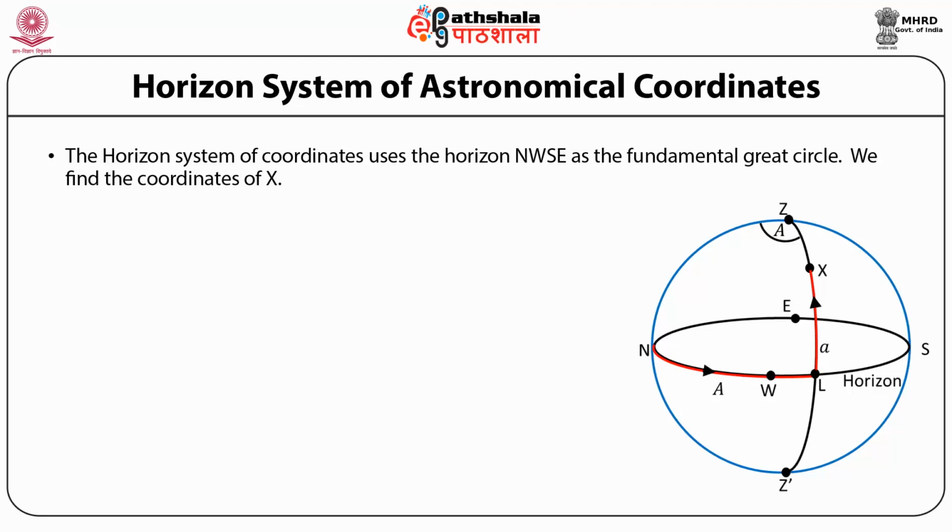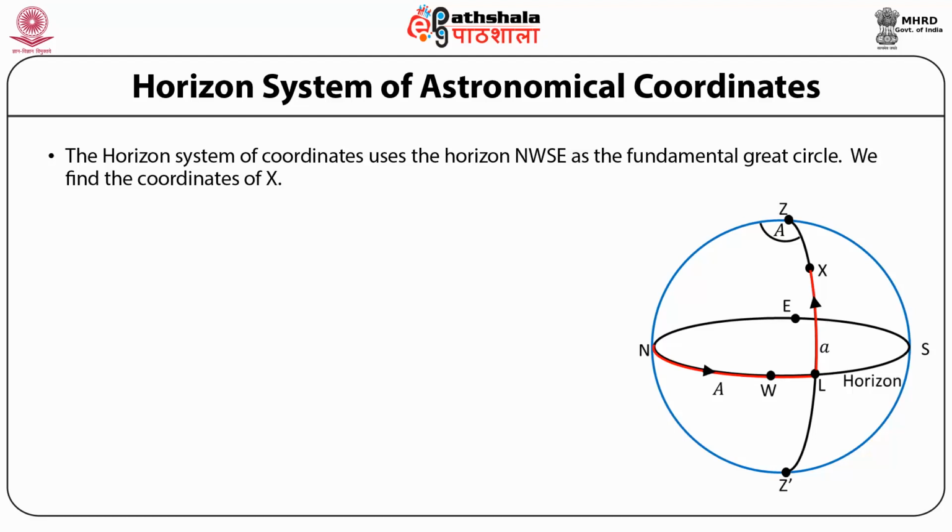N and S indicate the geographical north and south directions. So this N is taken as the reference point or the origin. Now we have both the fundamental great circle and the reference point.